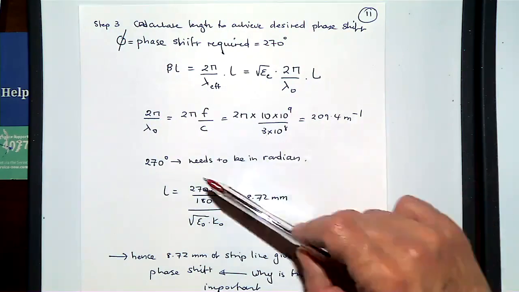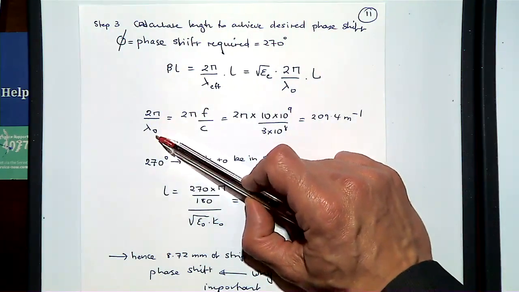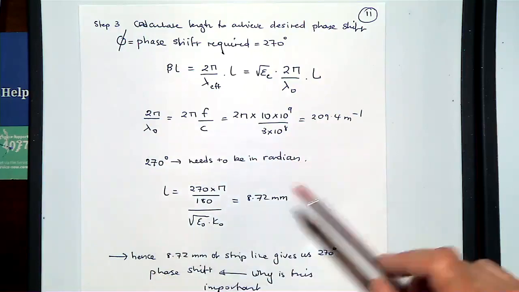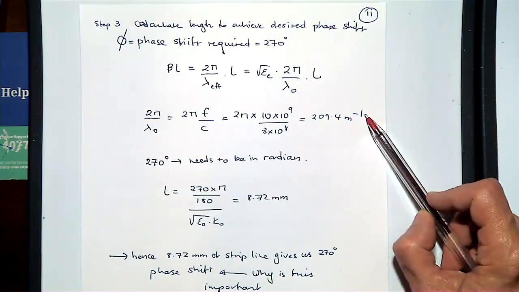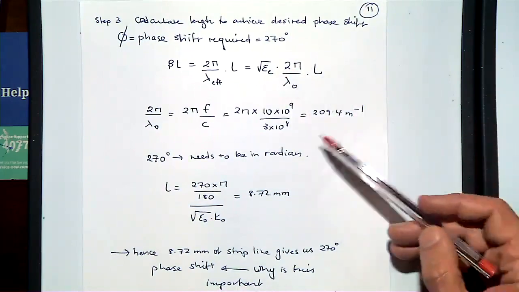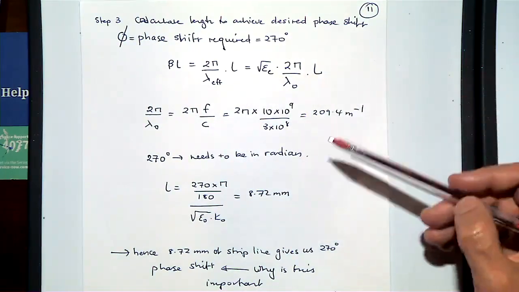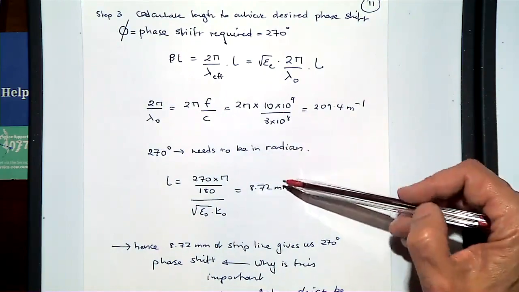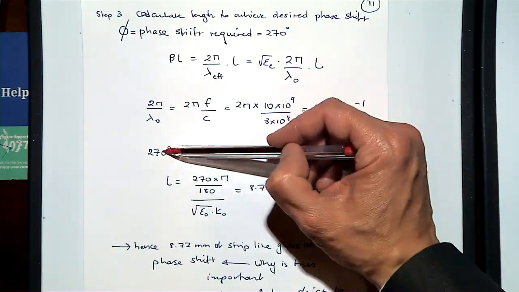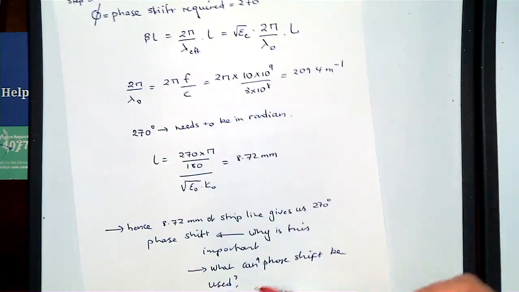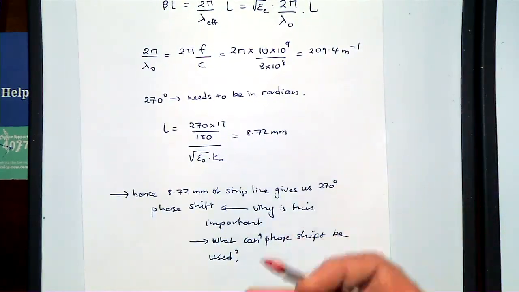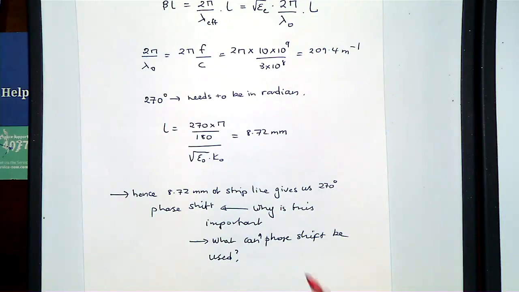And we know that 2 pi on lambda naught, which is just in free air, is equal to 209.4 per metre. So we can resubstitute this value, and it tells us that in order to achieve a 270 degrees phase shift on this particular dielectric, the length of the transmission line is going to be 8.72 millimetres.